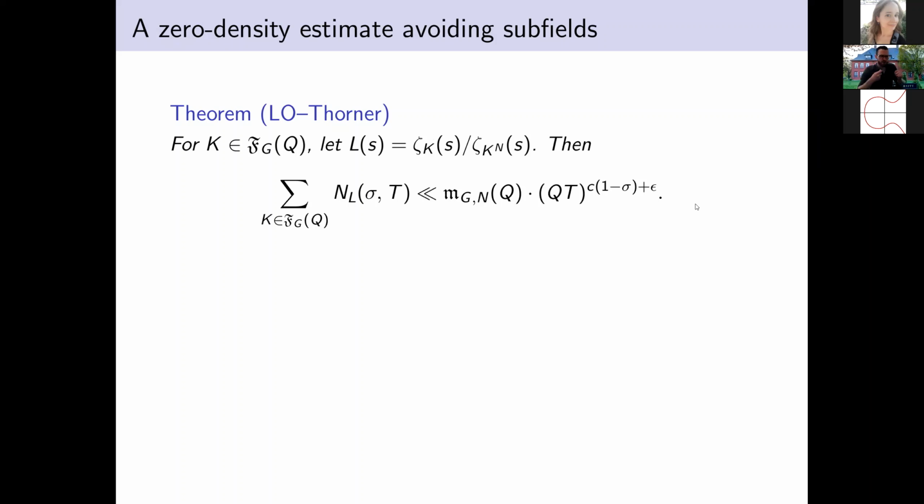The mechanics of this are very similar to the work of Thorner and Zaman, but you need to be a little careful in how you set it up, and you need to do a little bit of extra work. But at its core, this is the Thorner-Zaman style zero density estimate.